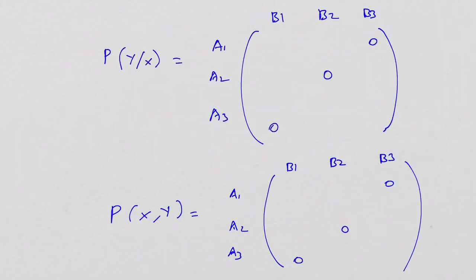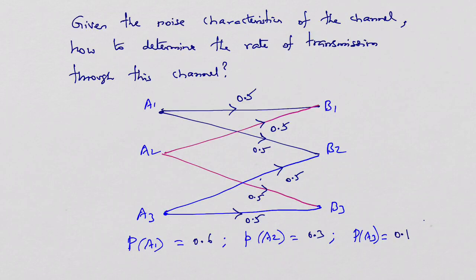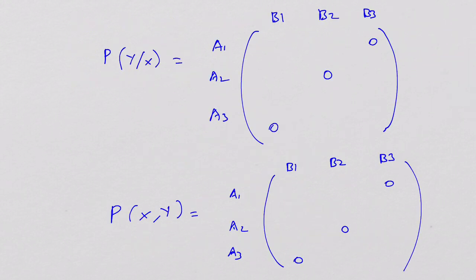Now let us see how we enter the transition probabilities given in the diagram in the matrix. Probability of getting B1 when A1 is transmitted is 0.5. Probability of getting B2 when A1 is transmitted is 0.5. And there is no chance of getting B3 when A1 is transmitted, so 0 is substituted.